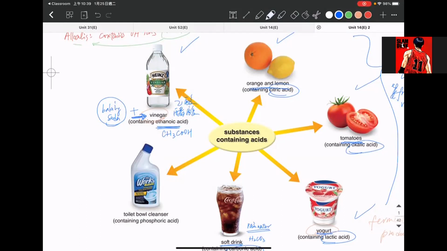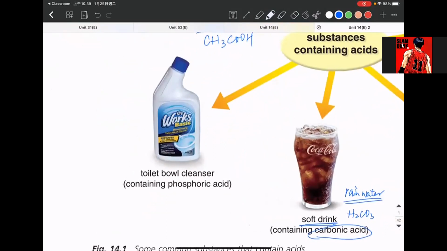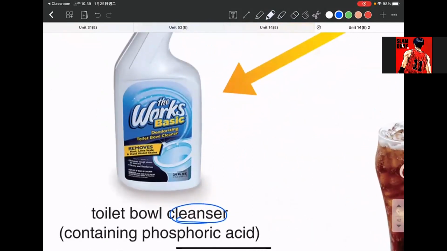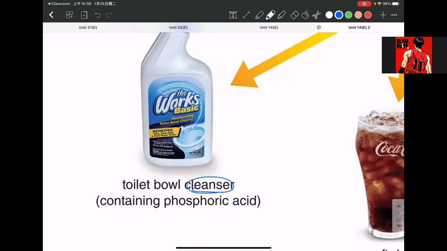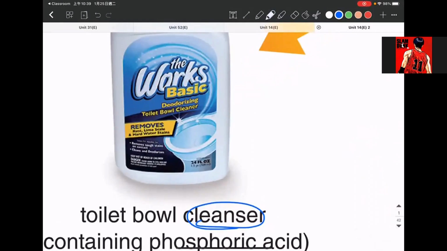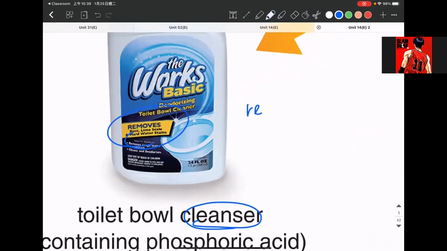How about this? Toilet bowl cleanser. So you know it, of course, it is used to clean the toilet bowl. It contains phosphoric acid. So what is the use of phosphoric acid? Can you see here? You will see some words here. Can you see that? Removes what? Take a look.